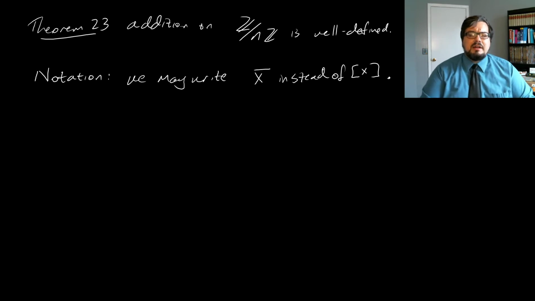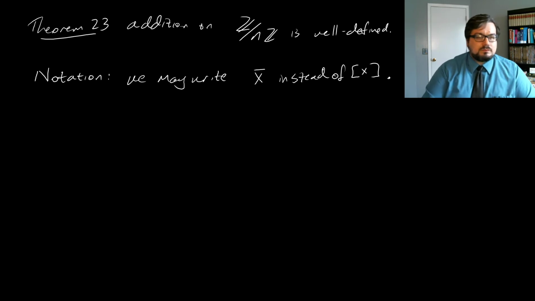And this x bar is going to mean the same thing. It's still going to mean the equivalence class of x, but we're going to use it so often that we want to establish it right away. So let's look at the proof of Theorem 23.